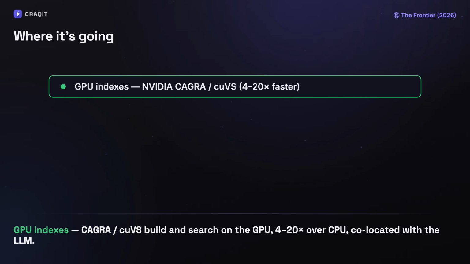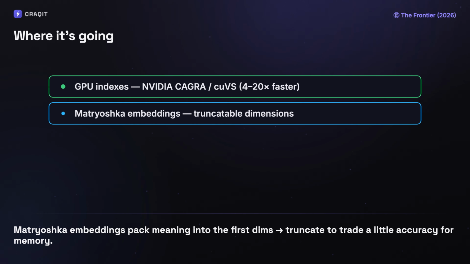Matryoshka embeddings. Newer embedding models are trained so that the first few hundred dimensions already hold most of the meaning, like nested dolls, so you can truncate a vector, use the first 256 of 1500 dimensions, and trade a little accuracy for a big cut in memory and latency, tuning dimension count like any other knob.